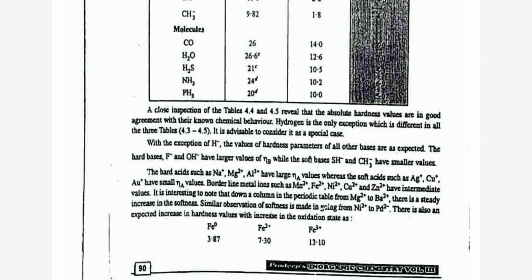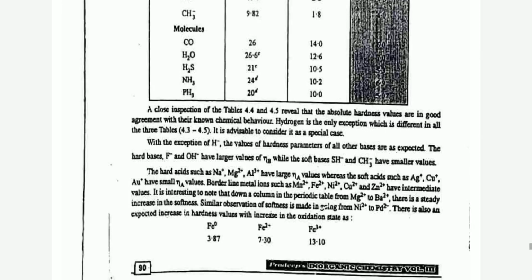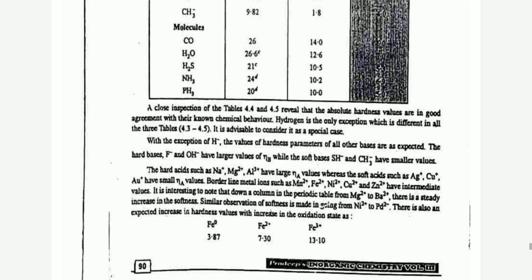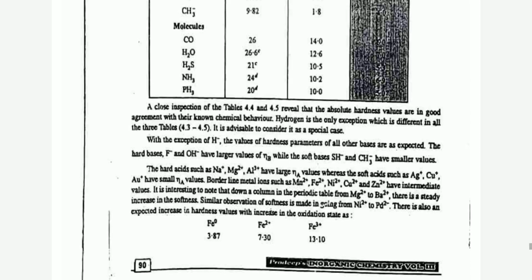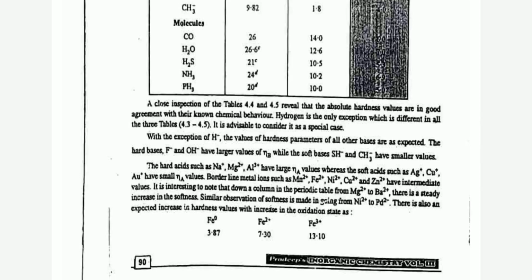A close inspection of tables 4.4 and 4.5 reveals that the absolute hardness values are in good agreement with their known chemical behavior. Hydrogen is the only exception, which is different in all three tables 4.3 to 4.5. It is advisable to consider it as a special case.